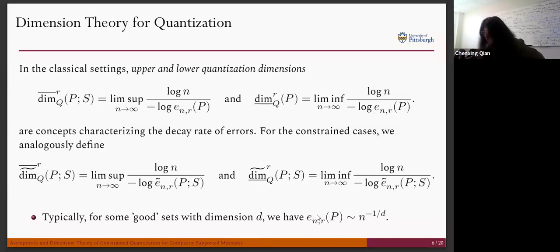And the quantization error has an asymptotic rate n to the power of negative 1 over d.